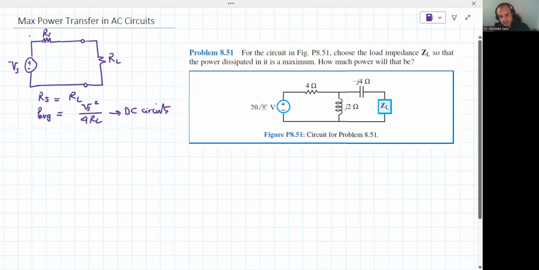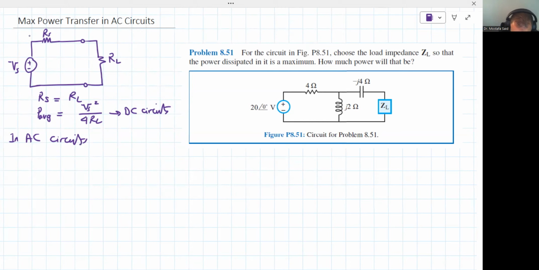What about the AC circuits? In AC circuits, it's a little bit different because generally you have reactance, you have impedance, you have an imaginary part, either from a capacitor or an inductor or both, and you have a resistance part or real part, which is resistance.